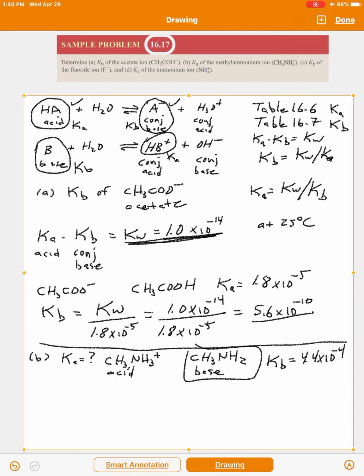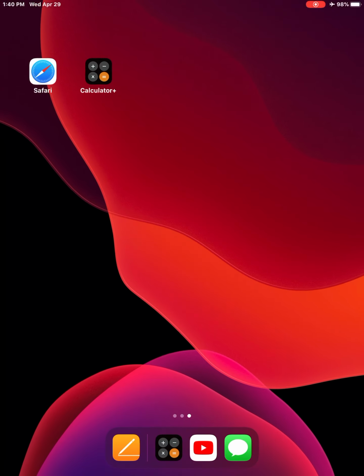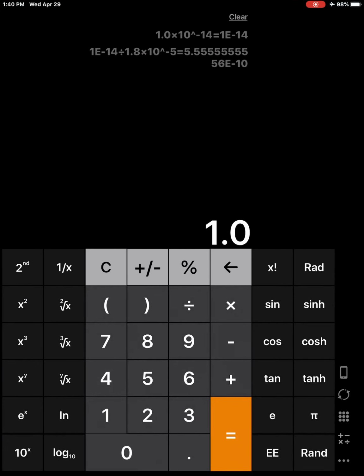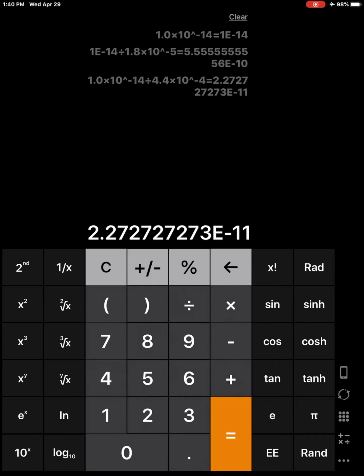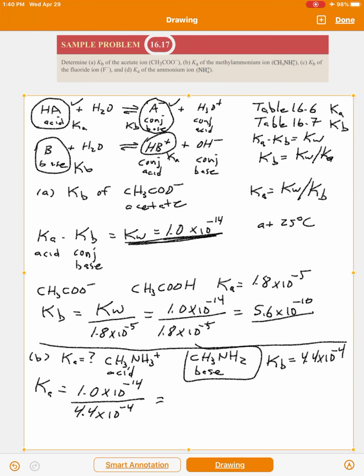Which means that Ka is Kw, 1.0 times 10 to the minus 14, over Kb, 4.4 times 10 to the negative 4. Let's round it to 2.3 times 10 to the minus 11. So there's our Ka value for the methyl ammonium ion.